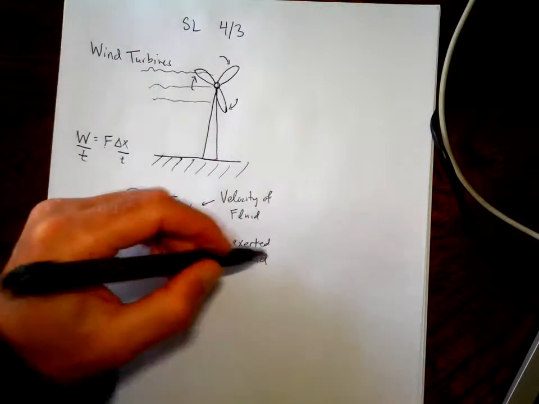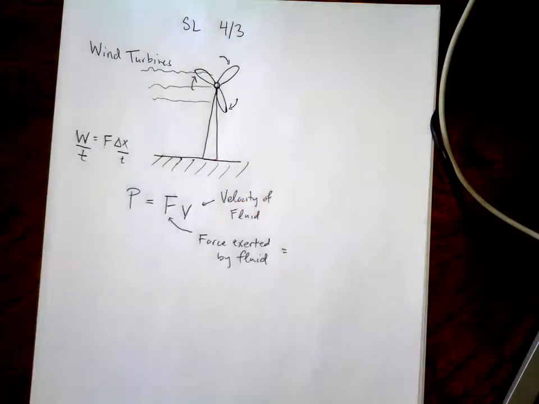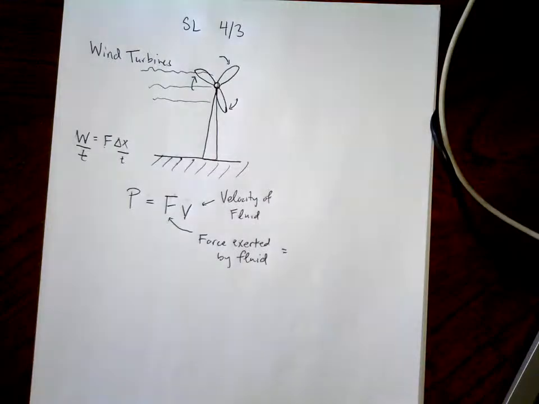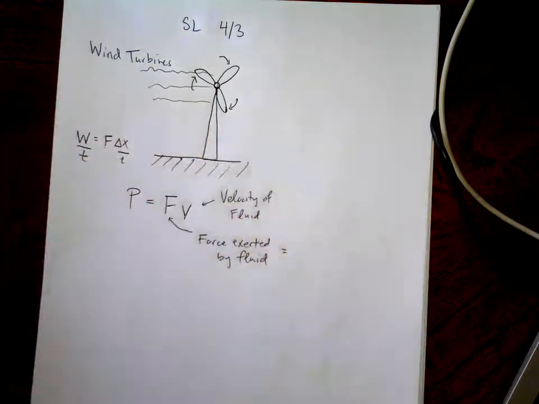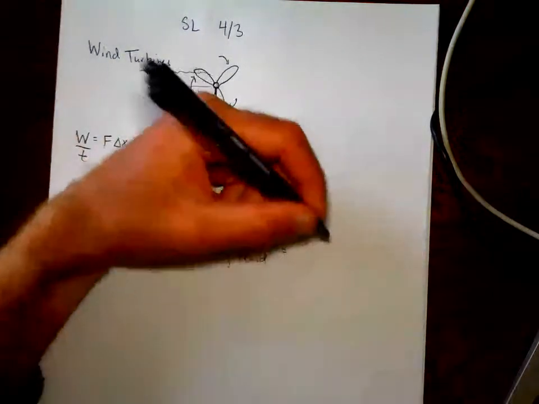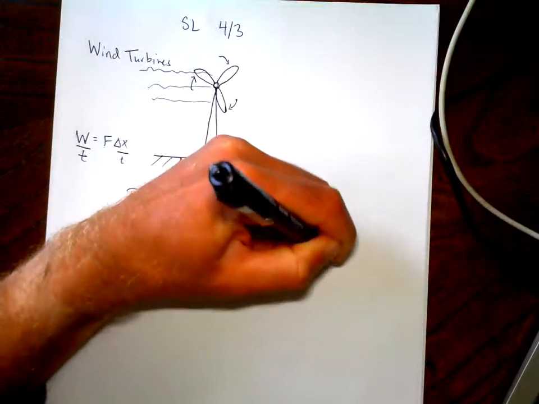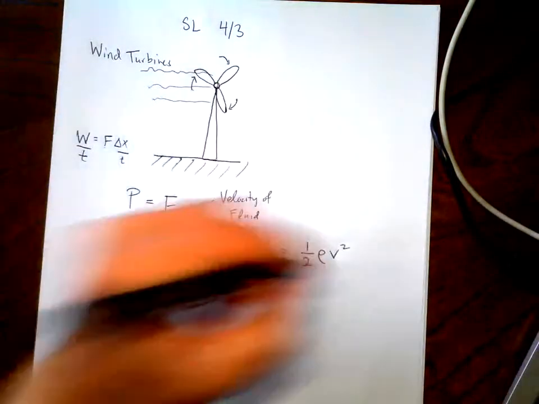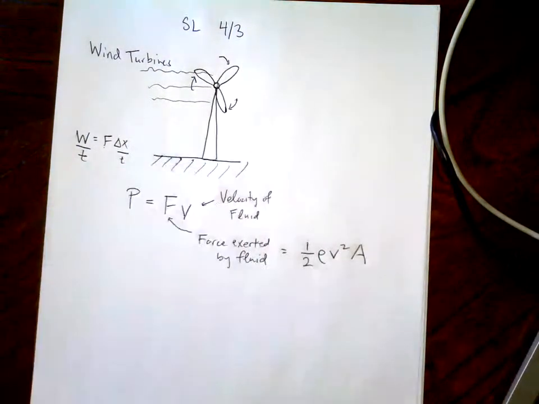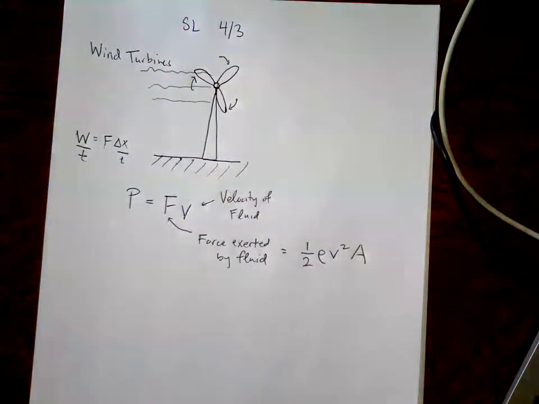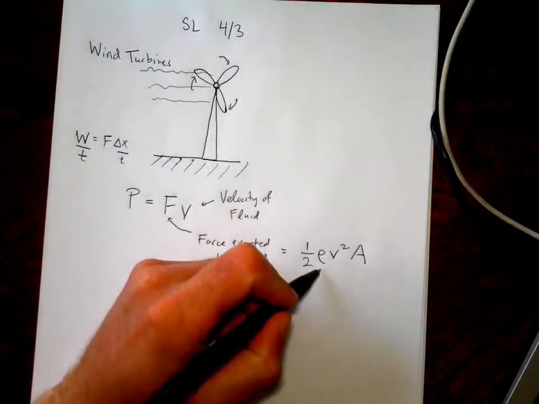So what is the force exerted by a fluid? Well, that comes from the theory of fluid dynamics. And it turns out that the force exerted by a fluid is going to be 1/2 rho v squared times A. So what are all of these quantities?